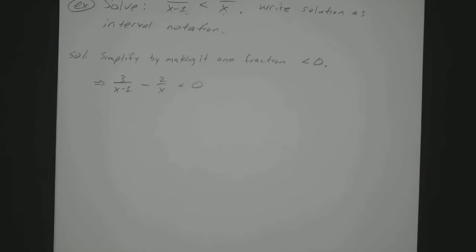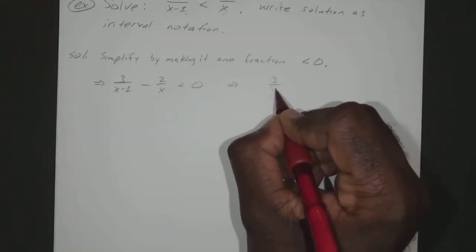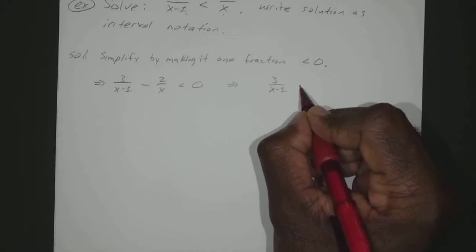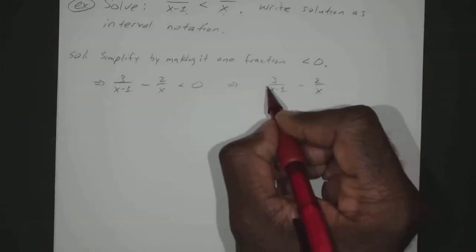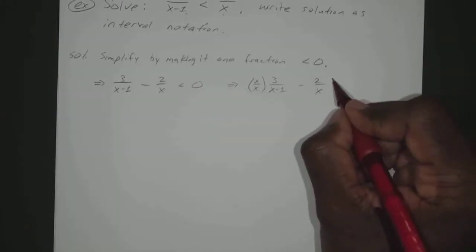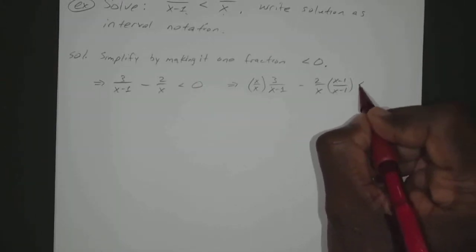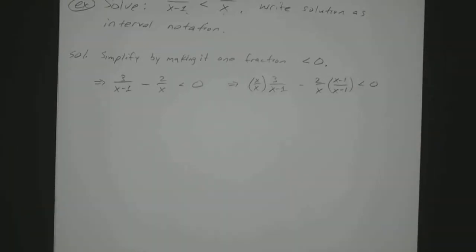Okay, so in order to combine them, we have to give them common denominators. So our 3 over x minus 1 minus 2 over x, we're going to multiply this one by x over x, and this one by x minus 1 over x minus 1, to give them our common denominators.